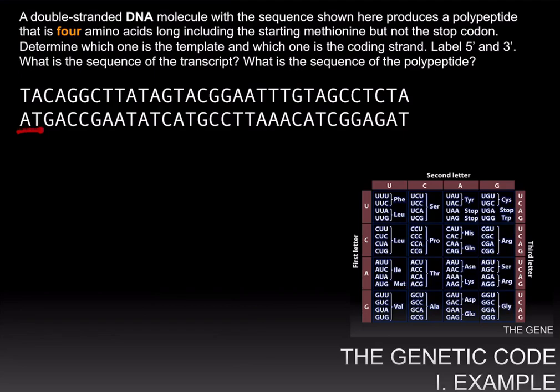All right, so we have one codon, 2, 3, 4, 5, 6, 7, 8, 9, 10, 11, and in none of these codons do we see the stop codon. We don't see a TAG or a TGA or a TAA, suggesting that the polypeptide that we're looking for is not starting at this ATG.